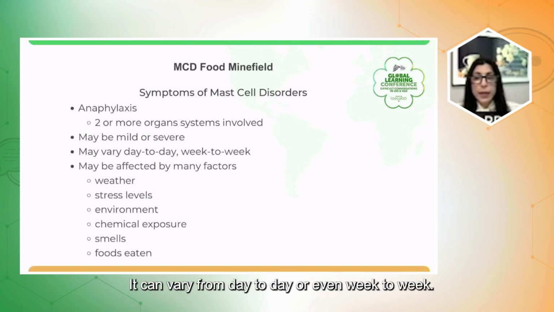It can vary from day to day or even week to week. There are a lot of factors that are involved in how severe anaphylaxis can be. The weather can be involved, stress levels of the person, their environment, chemical exposure, smells, and of course, foods eaten.